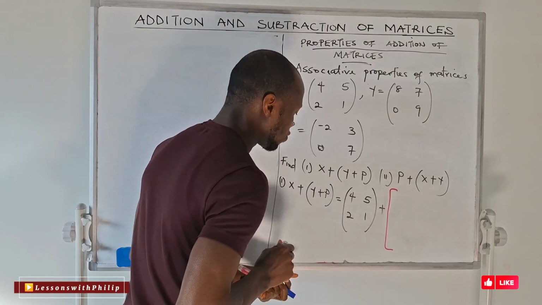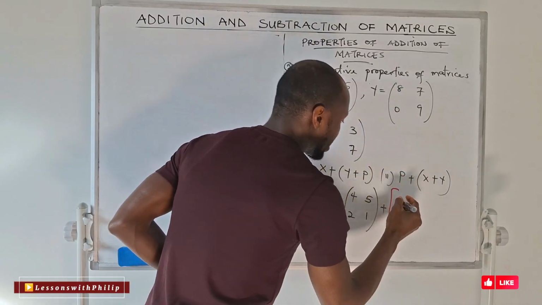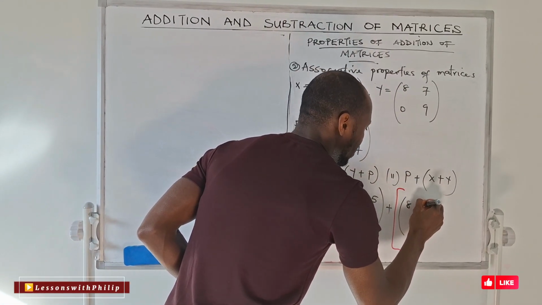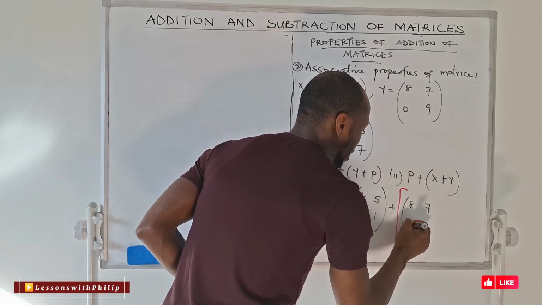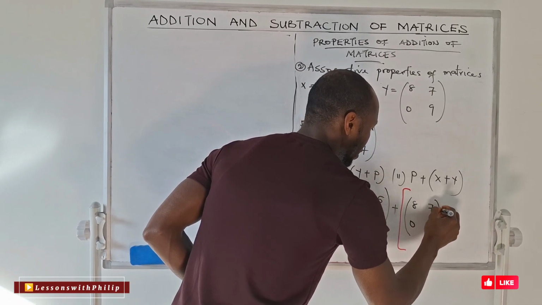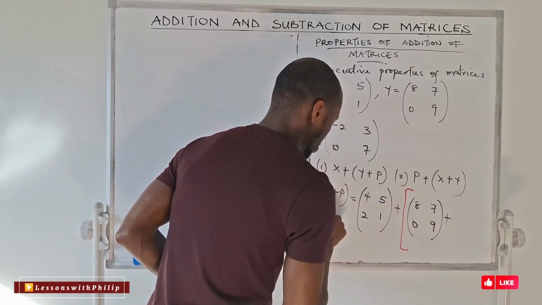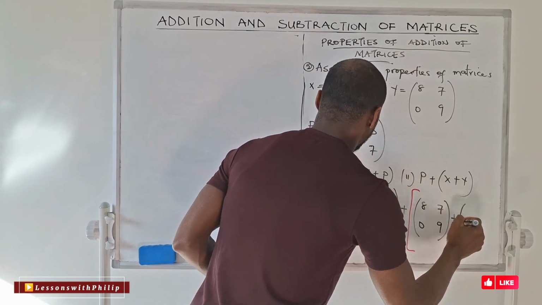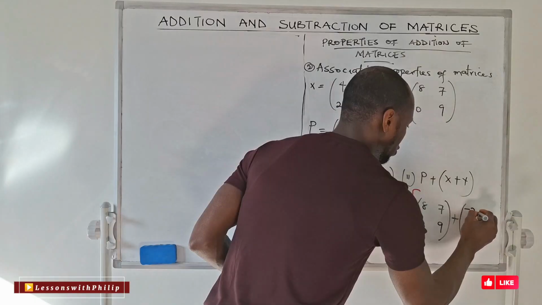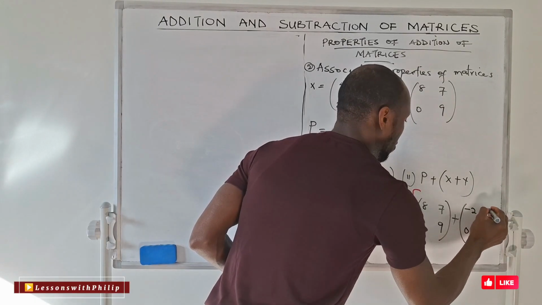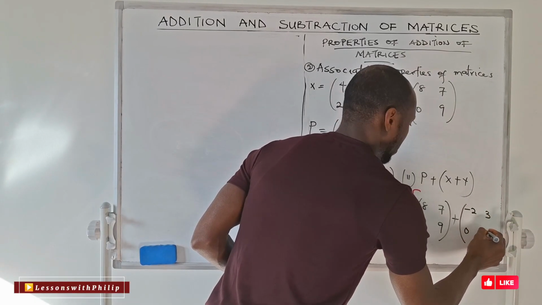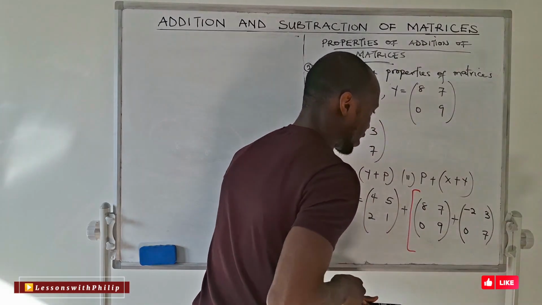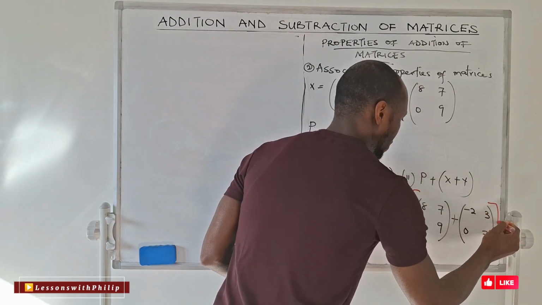What is my matrix Y? My matrix Y is 8, 7, 0, 9, plus my matrix P, which is -2, 0, 3, 7. Then you close the big brackets.